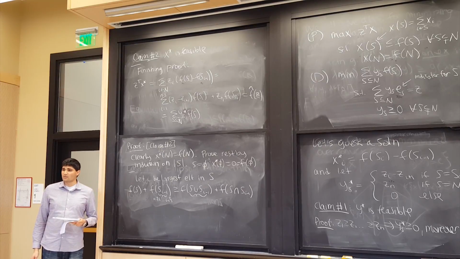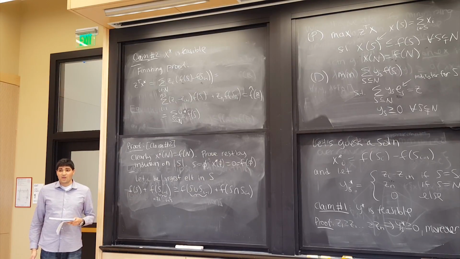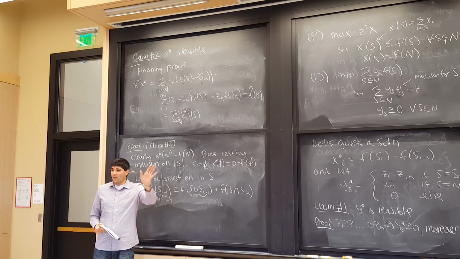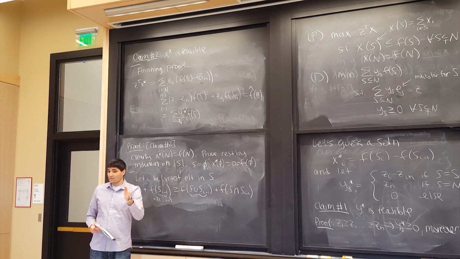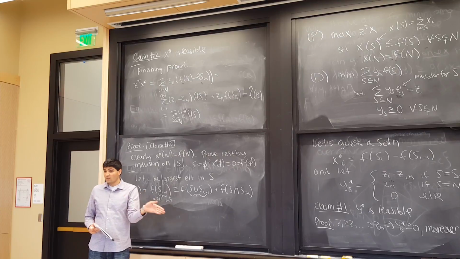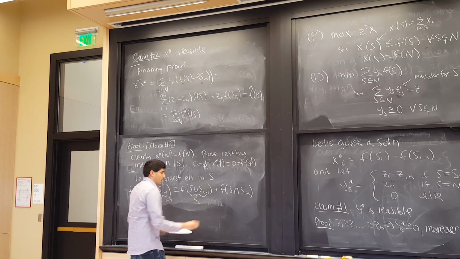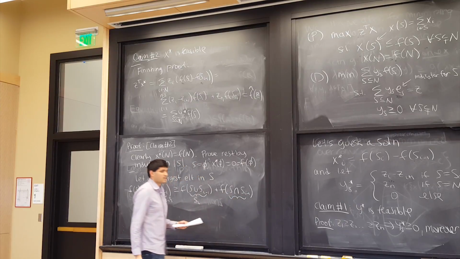What would that set be? S_i. Exactly, because S_{i-1} contains all the elements up to i minus 1, and i is the last element in S, so that actually gives you S_i. Perfect. And what is this set?